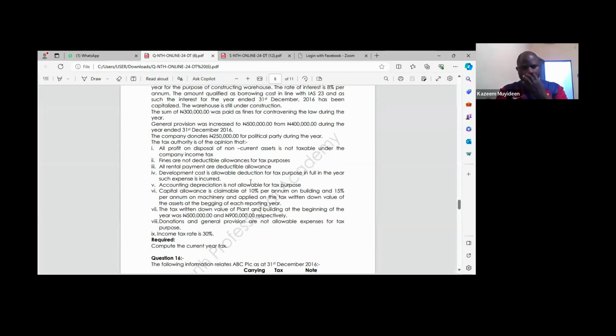Development cost is an allowable deduction for tax in full in the year the expense is incurred. This is what they normally say. So I will deduct the 200,000.